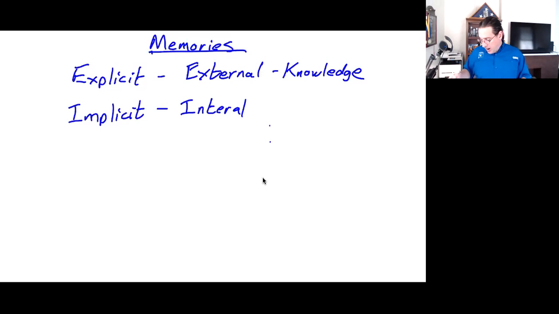Opposite to that, or not opposite, but very close to that, we have implicit memory, internal memory. So these are things that happen through experience. If I ask some of you, what's the capital of West Virginia? What would you say?